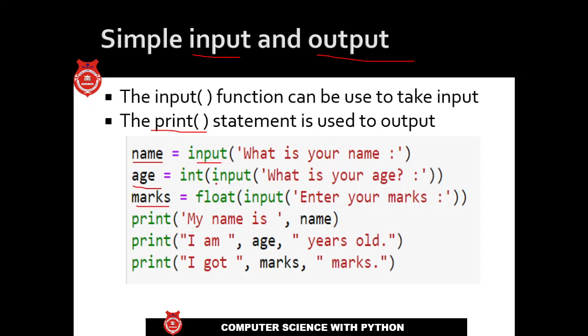Using input, we ask the user their age, and we are going to convert it into integer. And using input, we are going to ask to enter marks, and we are going to convert that into float. Using the output function print, we are going to display my name is whatever name was entered by the user, and I am the age years old, and I got marks. Okay, this is very easy.